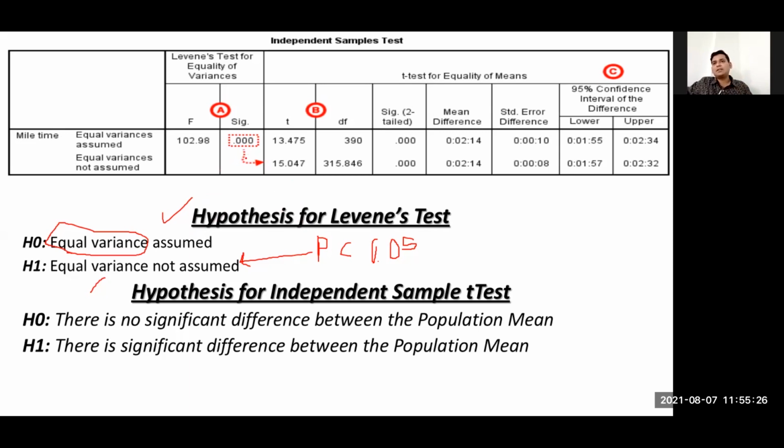So equal variance assumed. Here is your significance level. You can see that your significance level is 0.0000, which falls under the less than 0.05 category, right? So there are two assumptions over here. You can see equal variance assumed and equal variance not assumed. Yes.